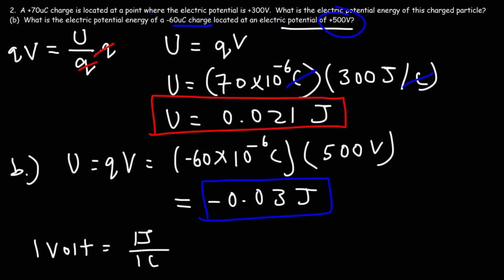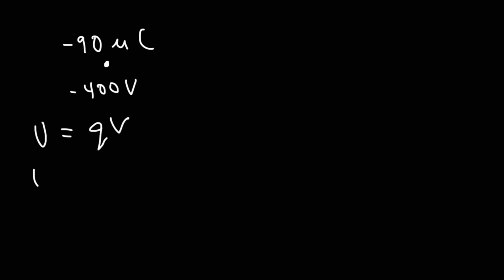If we had a negatively charged particle with a negative electric potential, the electric potential energy will be positive because the two negative signs will cancel. So for instance, let's say we have a negative 90 microcoulomb charge located at this point where the potential is negative 400. So using this formula, we're going to get a positive result.